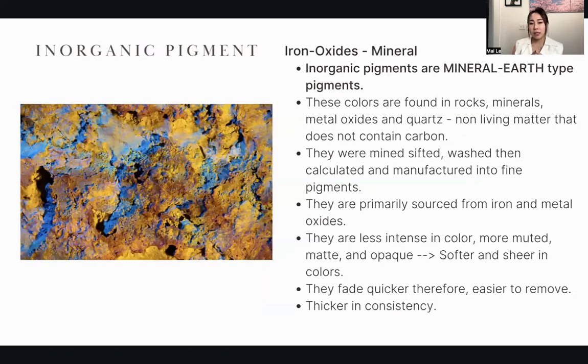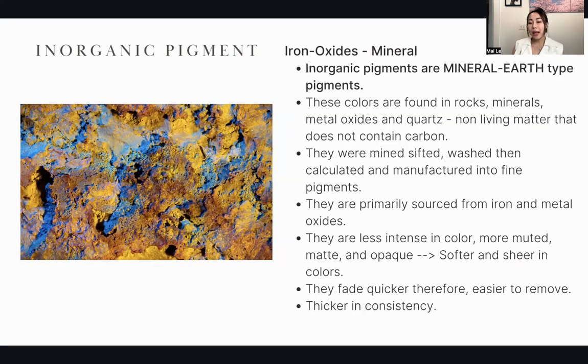Inorganic pigment is basically iron oxides, from minerals. Okay, it doesn't mean that it's not organic. Inorganic just means that it's minerals, and minerals are found in rocks, metal oxides, quartz, like non-living things. They were mined and washed and then manufactured into fine pigment, just like the organic.